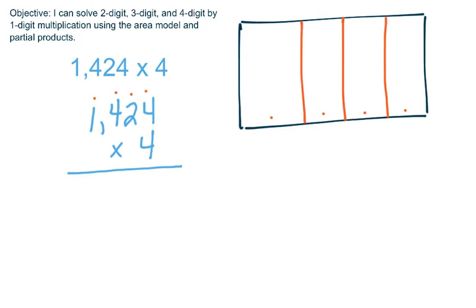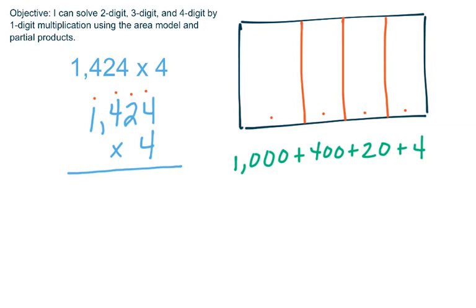Well, remember, I've got to pull that number apart, and I've got to ask myself, what do each of those place values represent? So that 1 is not just a 1, it's a 1,000, because it's in the thousands place. That first 4 is not just a 4, it's a 400. My 2 is a 20, and my 4 is in fact a 4 because it's in the ones place.